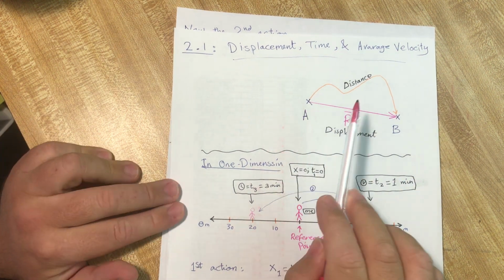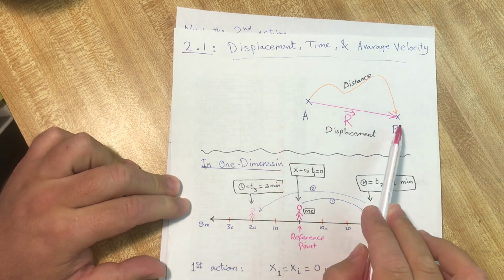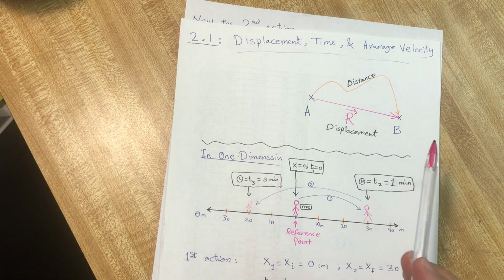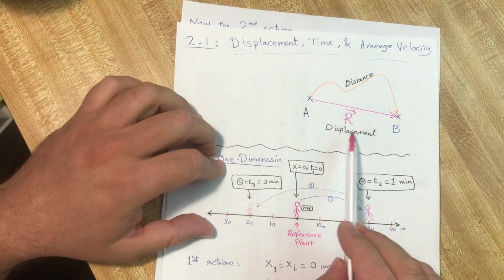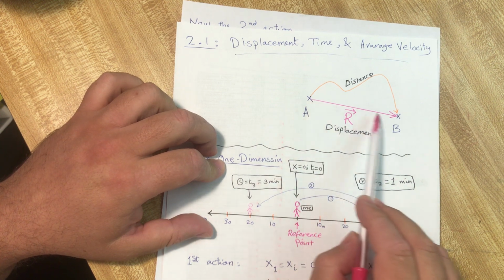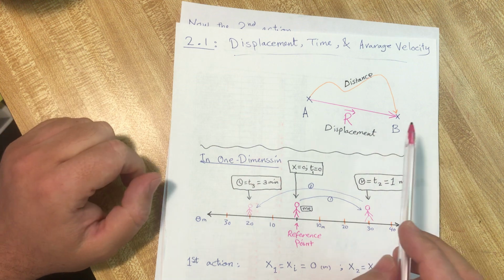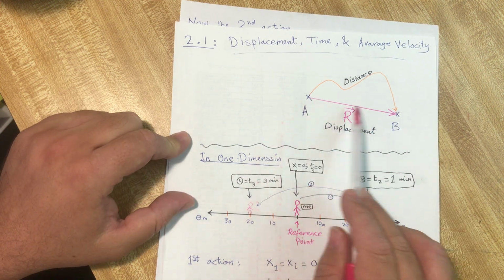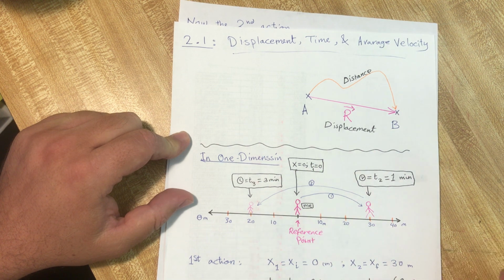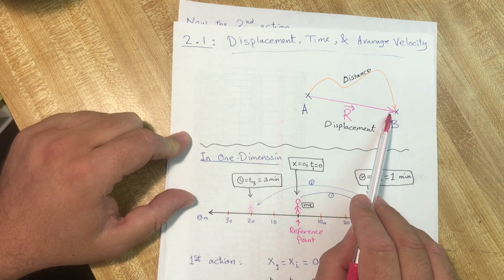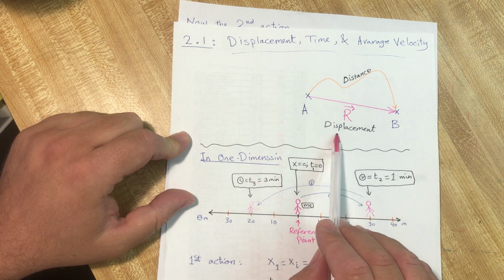If we have 2 points, point A and point B, a starting point and an end point, we have the displacement, which is the straight line between the 2 points, which is the shortest distance. It has an arrow, a direction, so this is a vector, which is the displacement.